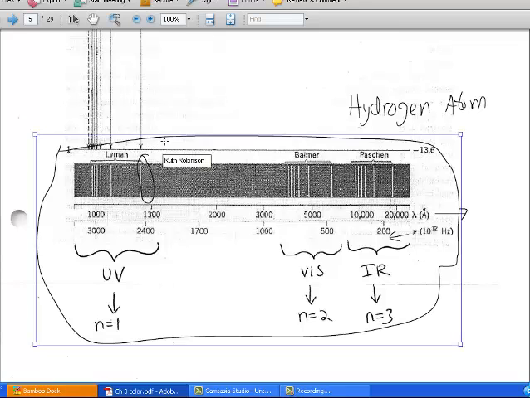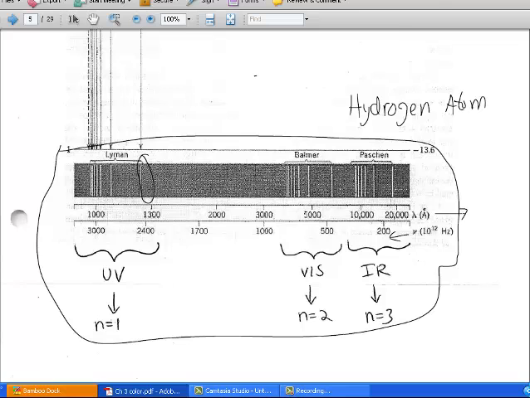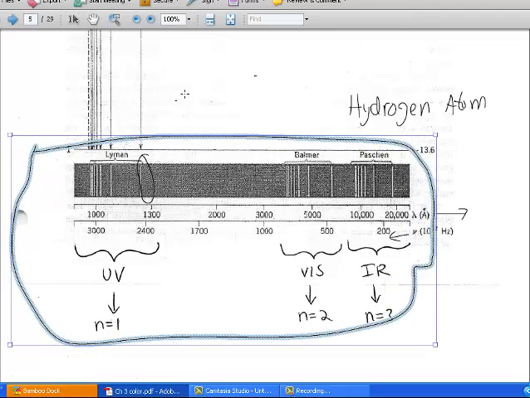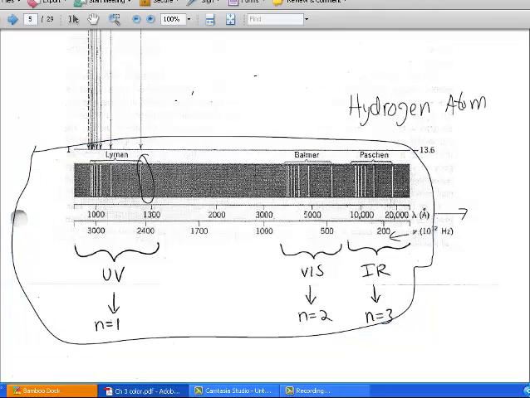And you'll notice that there's three kinds of areas. There's this area, we're not doing that. There's this area here that's called Lyman, and it has a certain pattern.